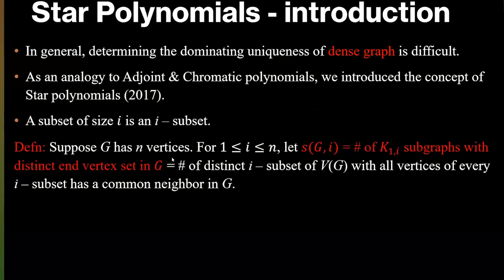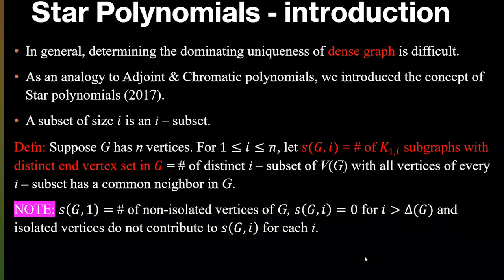If G has n vertices, I let s(G,i) be the number of K_{1,i} subgraphs with distinct vertex sets in G. K_{1,i} is just the star graph with i leaves, which is why I decided to call this the star polynomial. Note that s(G,1) is the number of non-isolated vertices of G. If i is greater than the maximum degree of G, then s(G,i) is 0. Moreover, isolated vertices play no role in computing s(G,i).